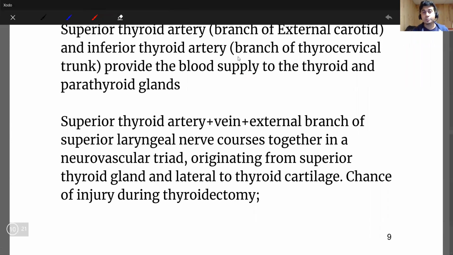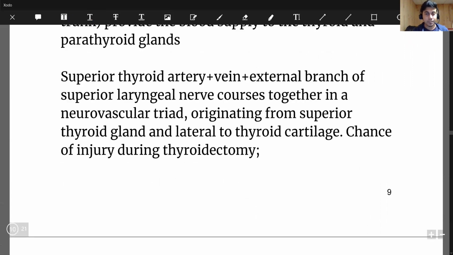The superior thyroid artery can be ruptured, the superior thyroid vein can be ruptured, the laryngeal nerve can be ruptured, and this laryngeal nerve damage will lead to a lesion in the vocal cord, because this laryngeal nerve also supplies the vocal cords, and that can lead to worsening of the voice.